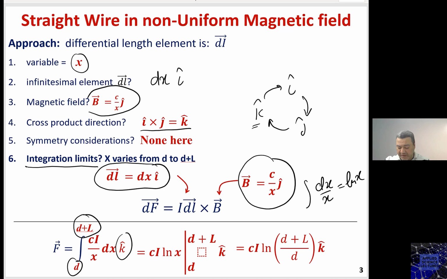So here if I said from d to d plus L, and then this is going to be from d to d plus L. Substituting, my answer is going to be the natural logarithm of (d plus L) over d, and the direction is in the z direction.